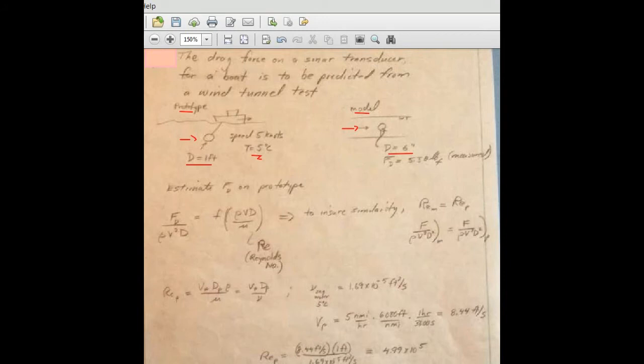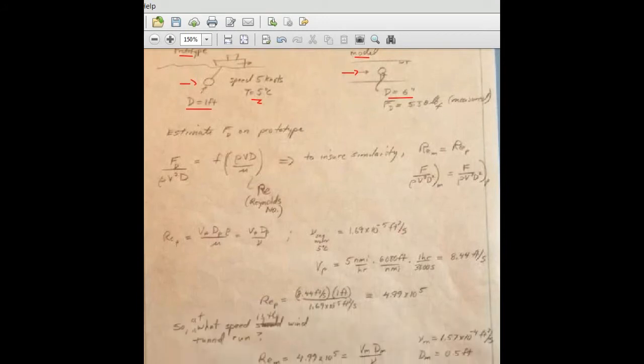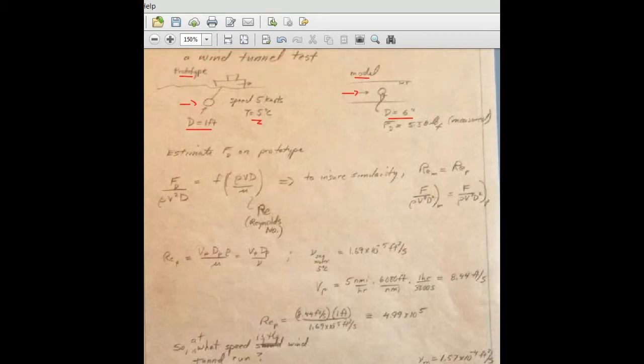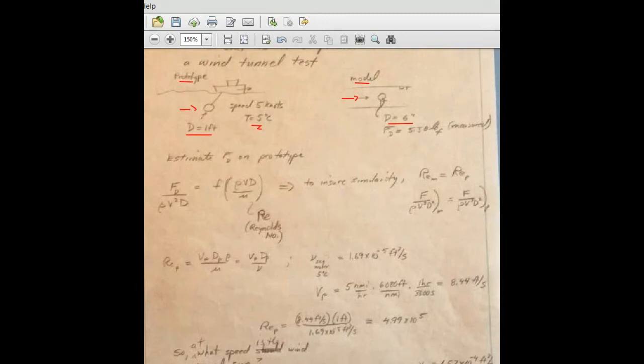So the key here is if we assume that the problem or the model is similar to the prototype system, then the dimensionless groups are the same. So we have this drag coefficient, which is actually the force of drag divided by this energy term rho v squared d, so that's the velocity squared times the diameter, and that's going to be a function of the Reynolds number.